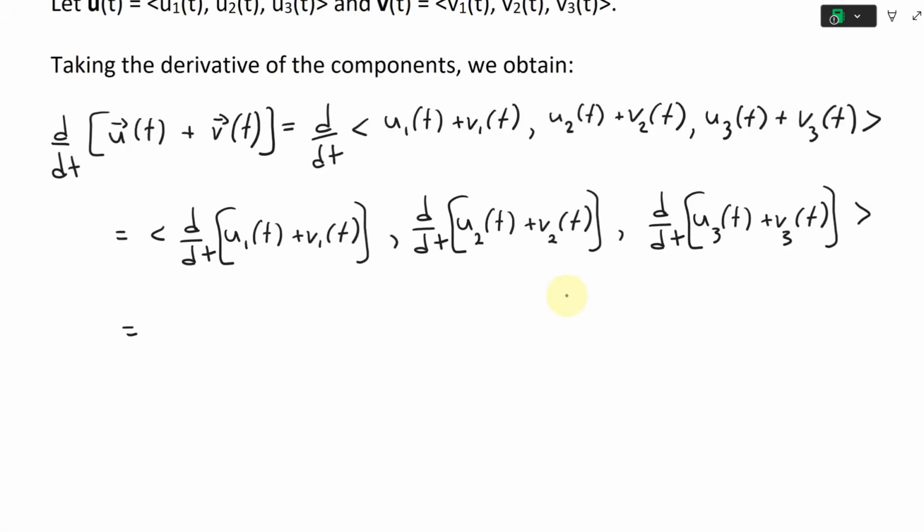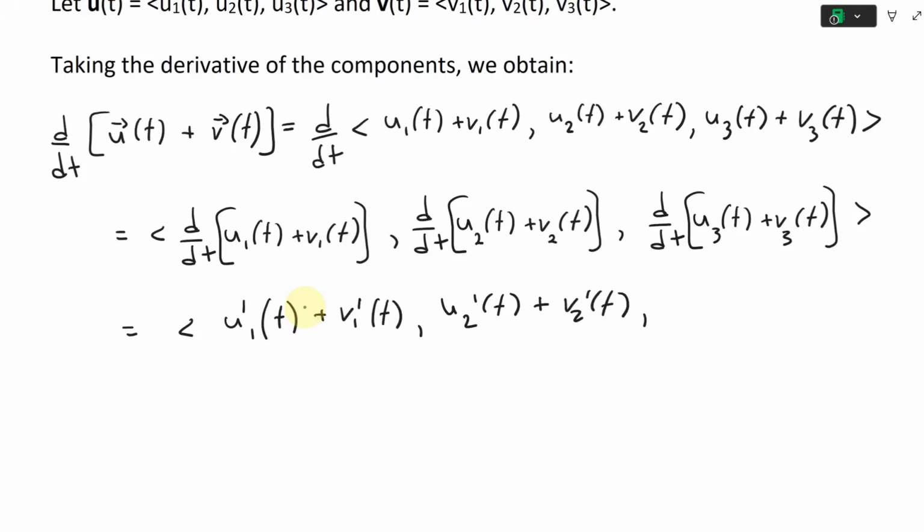This equals u1 prime of t plus v1 prime of t, because now these are just real functions, not vector functions anymore, and we can use the basic properties of functions. When you take the derivative of a sum, you can just add the derivatives up. Then this is u2 prime of t plus v2 prime of t.